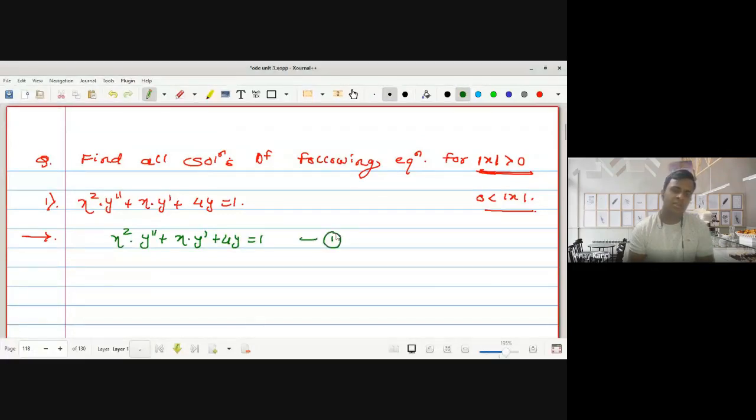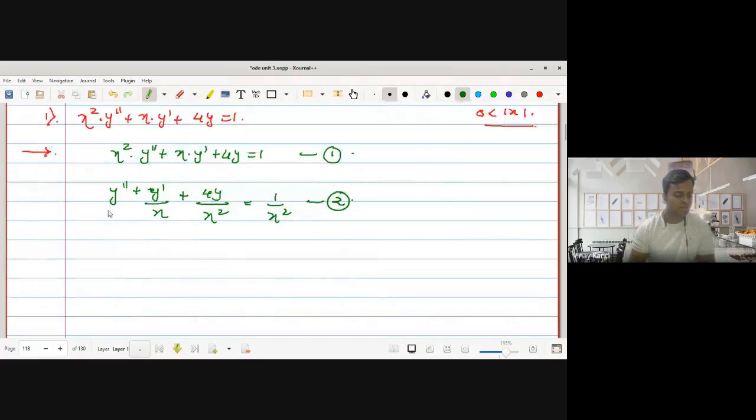Give it as equation number 1. Now dividing the whole equation by x square, we get y double dash plus y dash upon x plus 4y upon x square is equal to 1 upon x square. Give it as equation number 2. Now first write down the associated homogeneous equation.